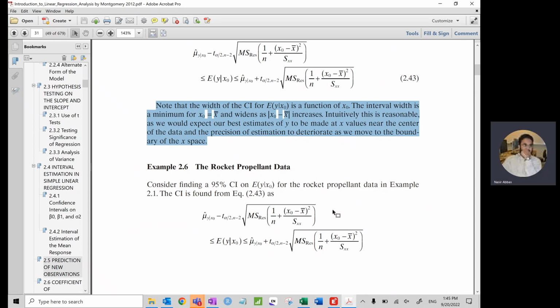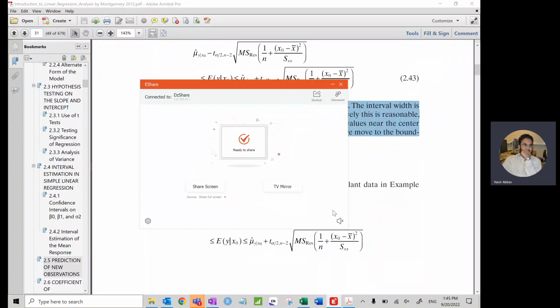There's only Sxx, which is the amount of variation in X, which will positively affect the interval if the amount of variation is more. And then there is x naught, which means that you should be predicting close to the average.